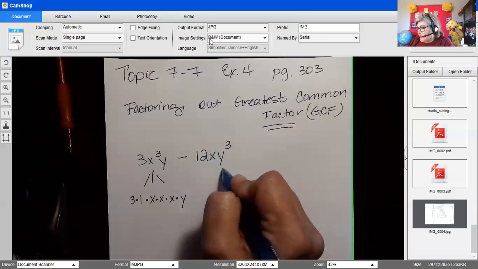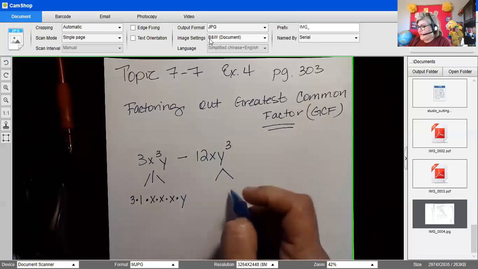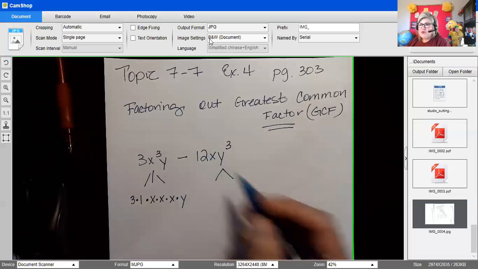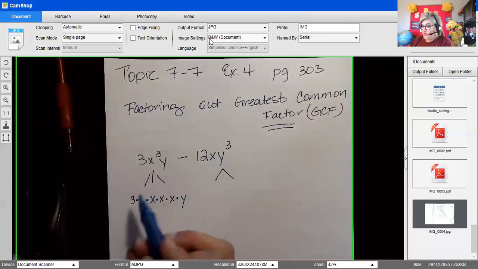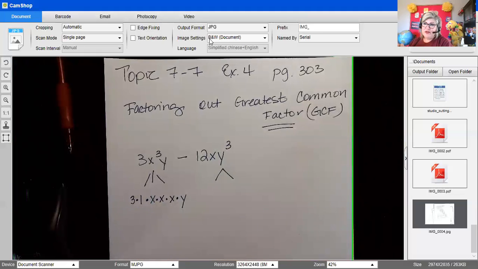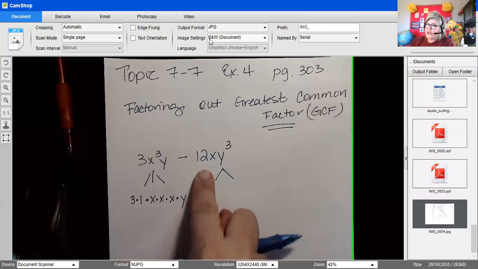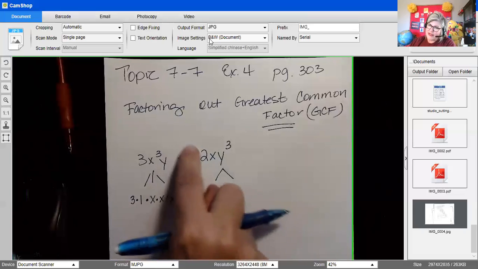The second term, we will do something very similar, but let's look at the 12. So now we want to talk about greatest common factors. Well, if 3 is the only factor of 3 besides 1, and we want the greatest common factor, then we need to start recognizing patterns in our brain. Can 3 go into 12? Ignore the minus sign right now.